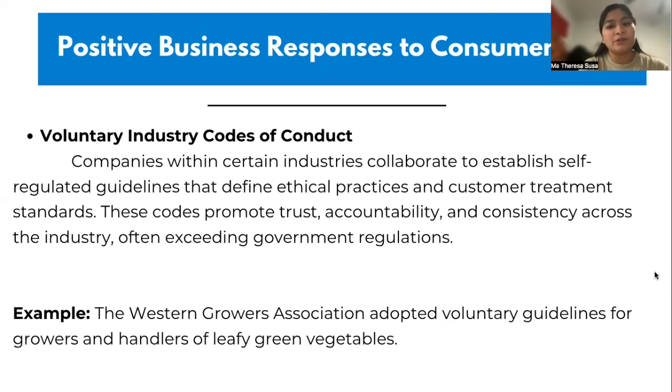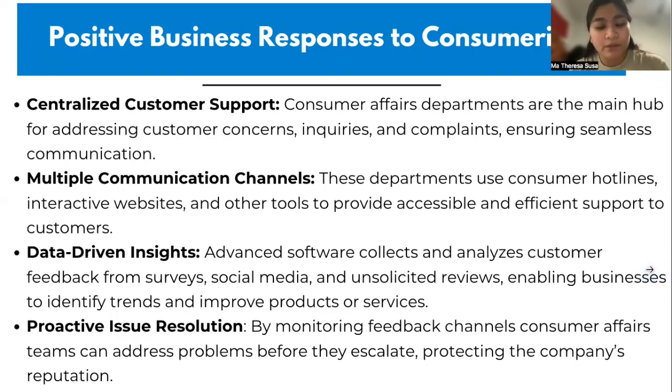For example, the Western Growers Association adopted voluntary guidelines for growers and handlers of leafy green vegetables. These guidelines include measures to prevent contamination, ensure food safety, and protect consumers' health. This proactive approach enhances public confidence in the industry and reduces the risk of widespread foodborne illness.